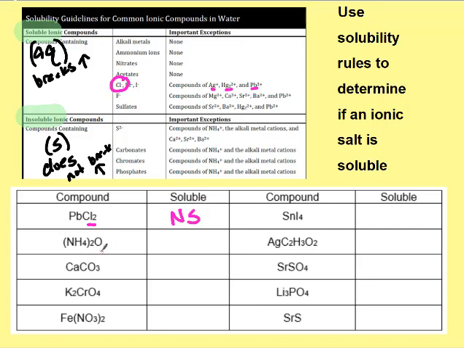The next one, we don't have a rule for O, but we do have a rule for ammonium, or NH4. Ammonium ions are always soluble, no exception. So that's going to be soluble. So you can write NS and S, or you can say no, not soluble, yes, soluble.